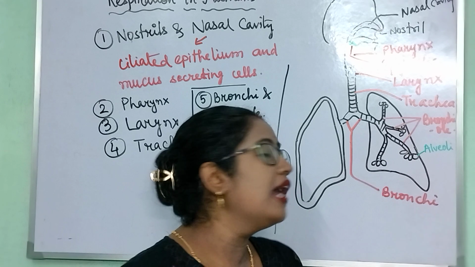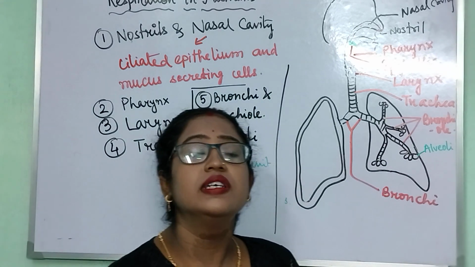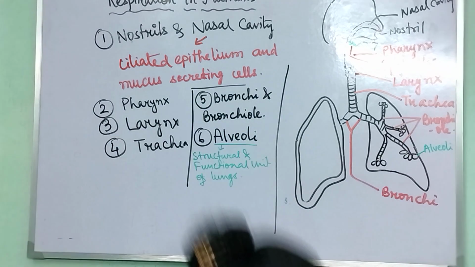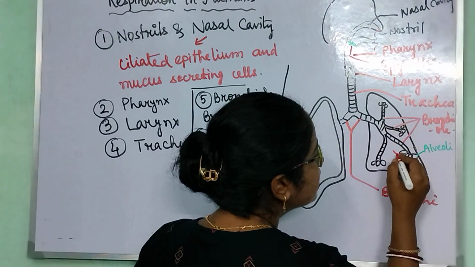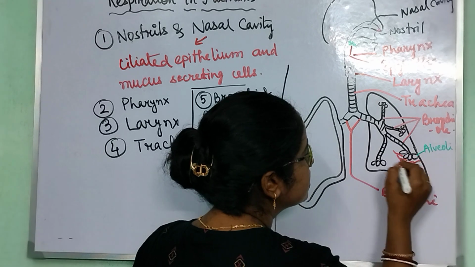Each alveolus has a dense blood capillary network, a rich supply of blood vessels.